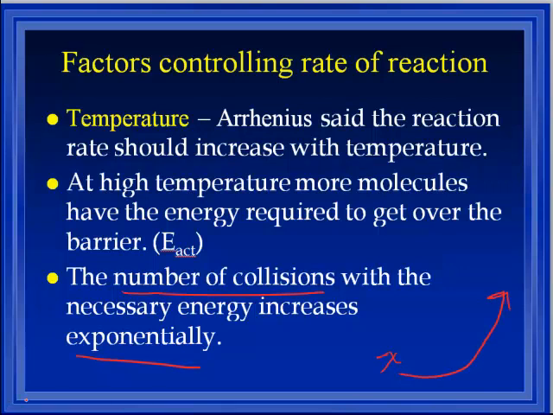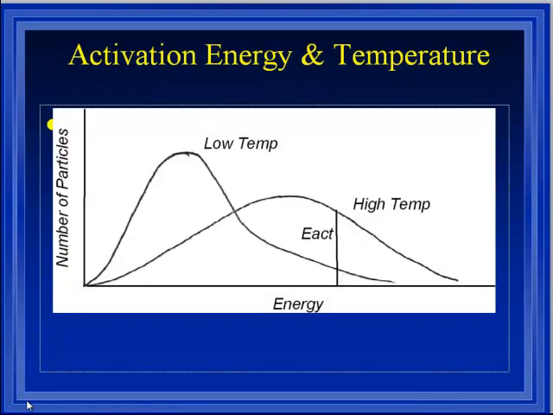All right. So here's a nice little diagram. Now look at this, it shows you basically how the activation energy and the temperature are related. Over here on this side we've got the number of particles, and then over here we've got the energy. So energy is increasing as we go this way. Now if I'm talking about some molecules at a lower temperature, here's the activation energy hump.